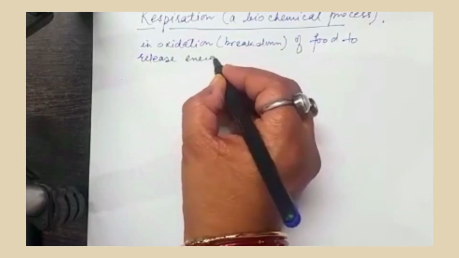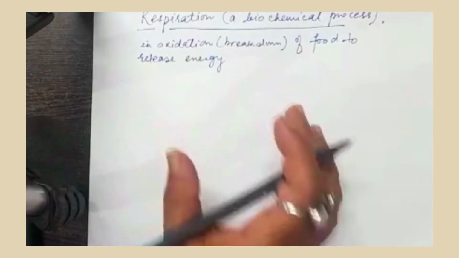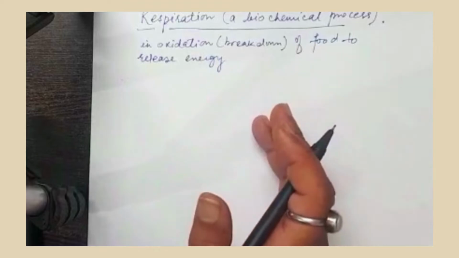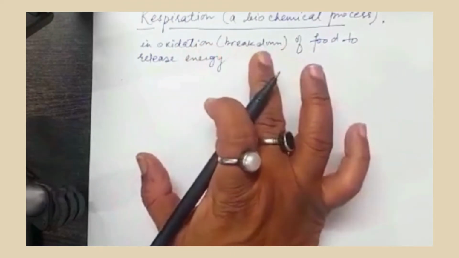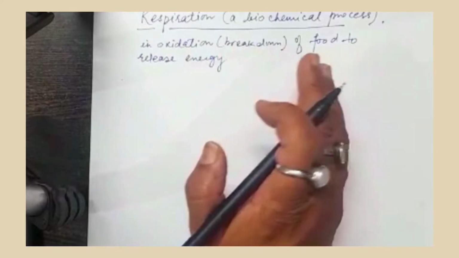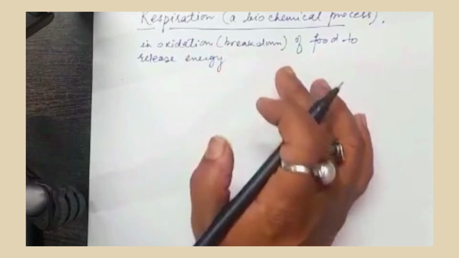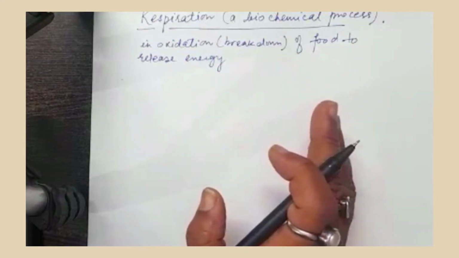What does it mean? It means that the food we eat and the oxygen that we inhale mix together, and oxygen helps the food to break down, and by that process energy is released, and that we use in our daily life for different activities.